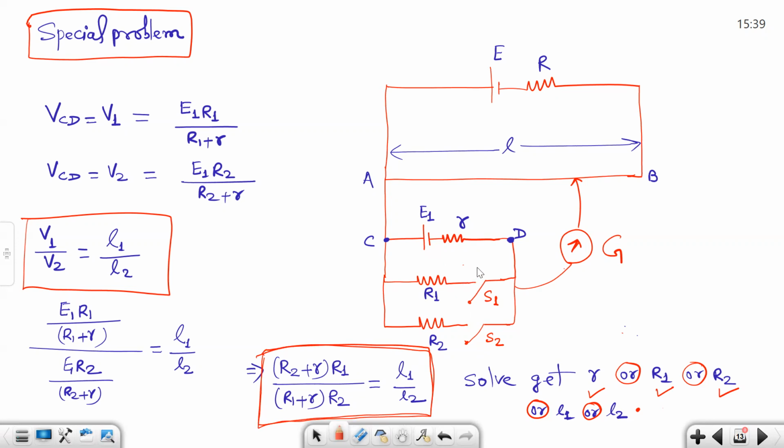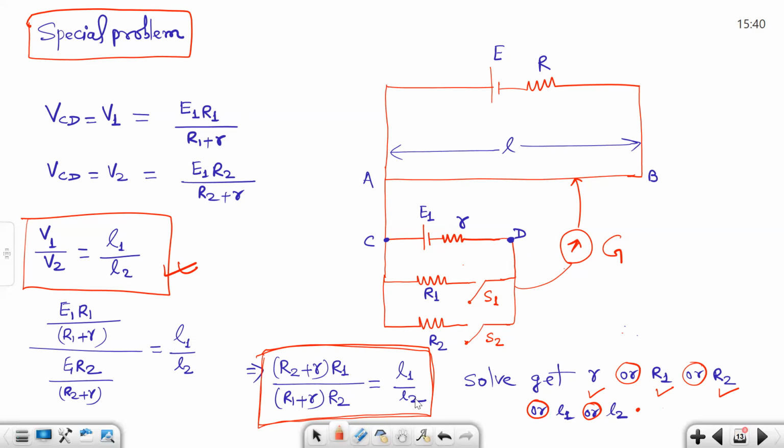When switch S1 is closed, apply Kirchhoff's voltage law in this circuit, find the potential difference across CD, again open this switch and close this switch, again apply Kirchhoff's voltage law and again find the potential difference across CD. In the first case, the potential difference across CD is taken as V1, and in the second case taken as V2. V1 was this and V2 was this. After taking the ratio using this expression, you will get this result.